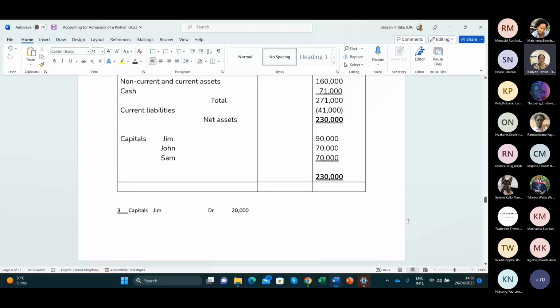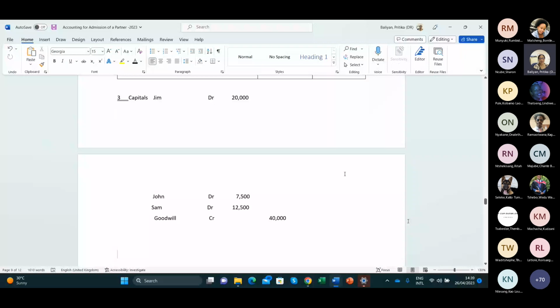And then, for the capital of Jim 20,000, how it is shared: we find out the sacrificing ratio, how much goodwill from Jim or John is going to be shared according to their sacrificing ratio. Let's see another example.